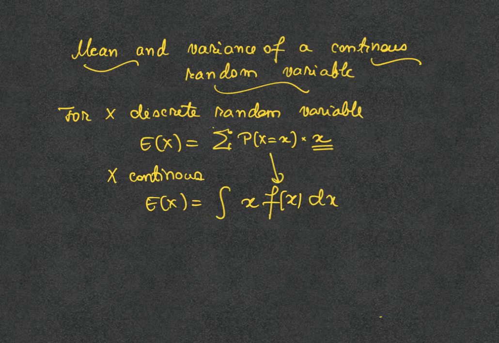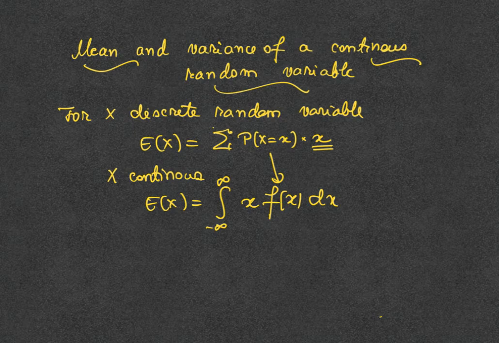That's a formula from minus infinity to plus infinity. But again, the function might be 0 towards minus infinity and plus infinity, so you take the domain given. So that's the formula for the expected value of x. Instead of having a sum, we have the integral of x times the probability.